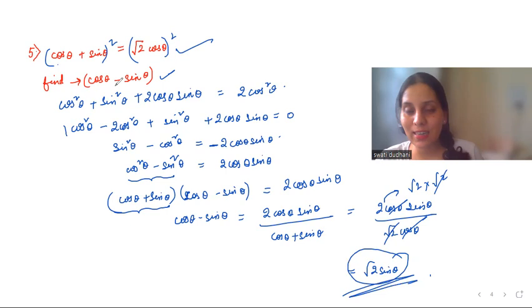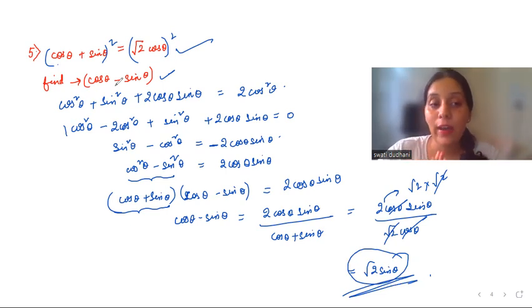I hope this is clear. Now, these are the 5 very important questions on identities which have come from last board papers, multiple times. So when we do identity questions, you need to keep in mind that when you have a square, you will definitely come across the identity. First point.